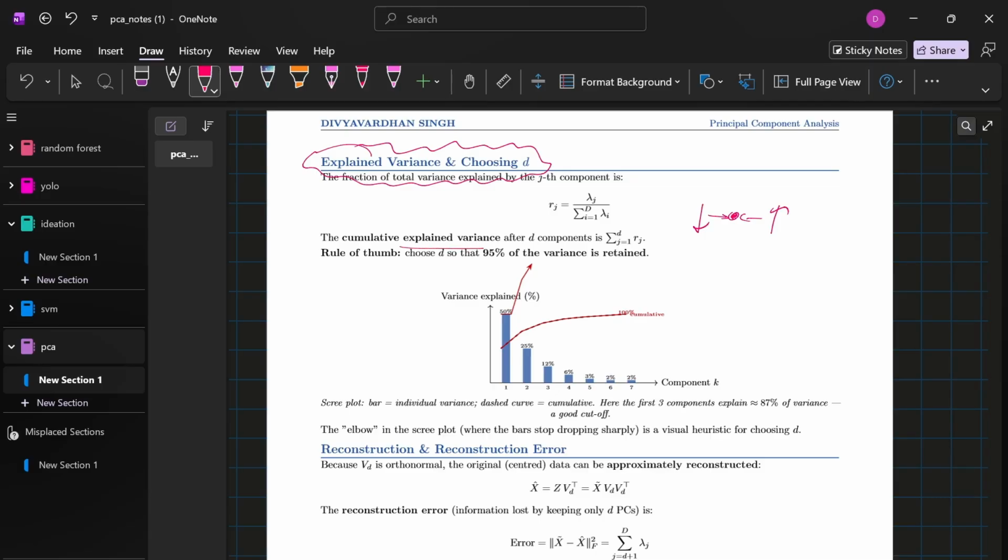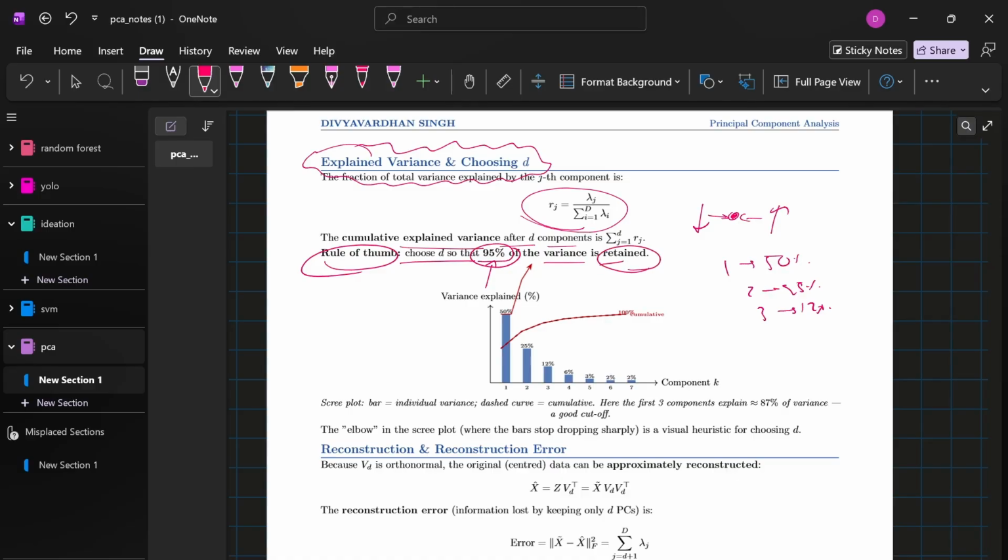For example, the first component might explain 50%, the second might explain 25%, and the third might explain 12%, and so on. Okay, so the rule of thumb is to keep enough components together so that they can explain at least 95% of the total variance. That's the sweet spot between compression and information retention.